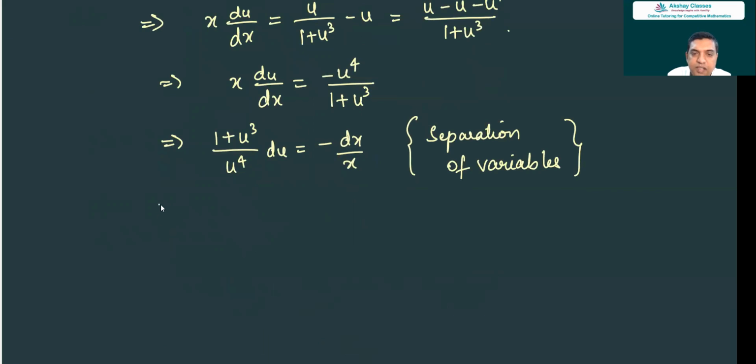Now solving, integrating, we can write solving or integrating. It means the same thing for differential equations. So I will write this integral as u power minus 4 plus 1 upon u du.